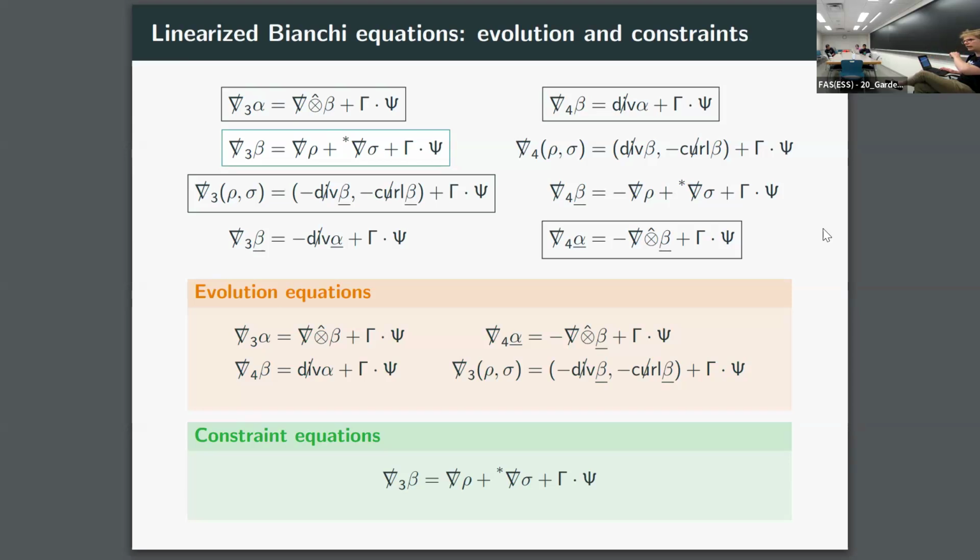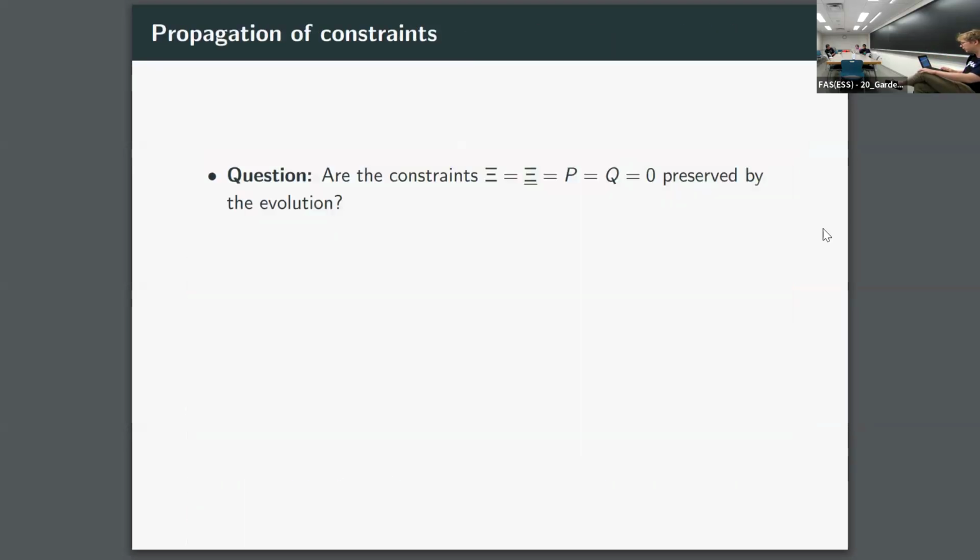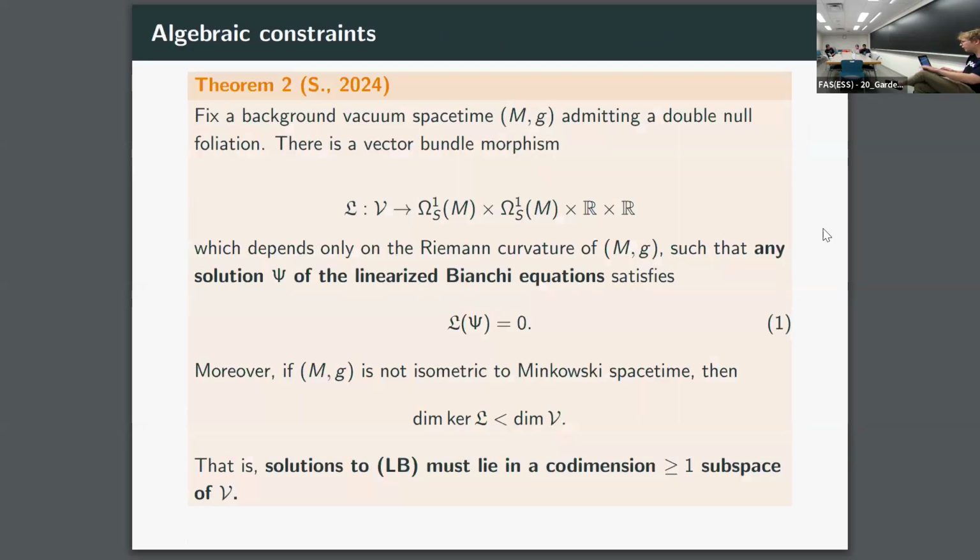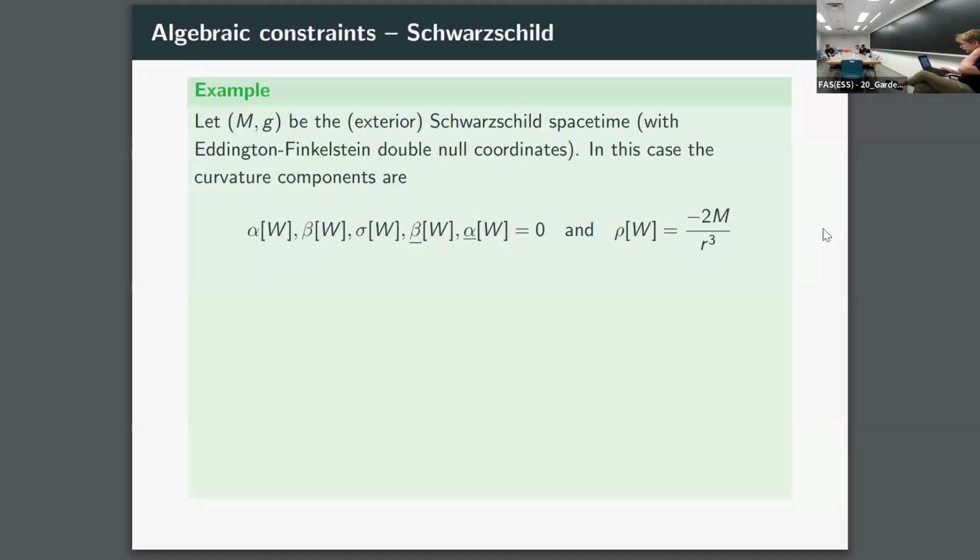But Minkowski gives you examples where the kernels can't intersect to be too trivial, because you can have arbitrary perturbations in Minkowski. So I'm just curious what other analogs of this there would be if you look at other prescriptions for how to do this procedure of choosing evolutions and choosing constraints.